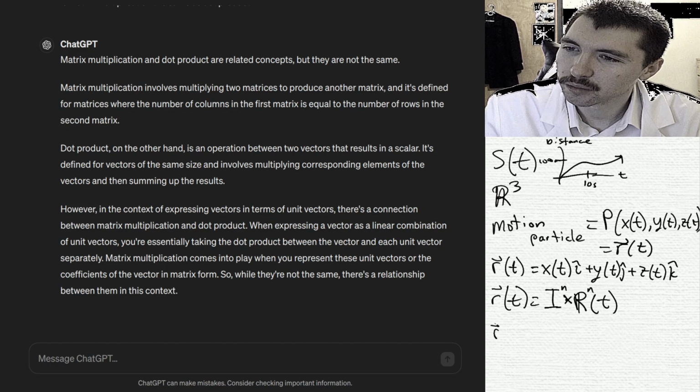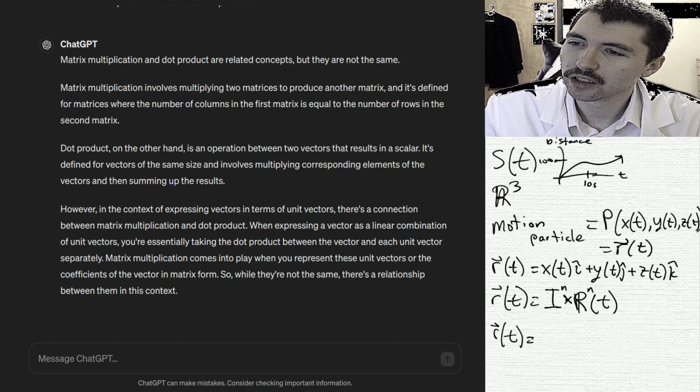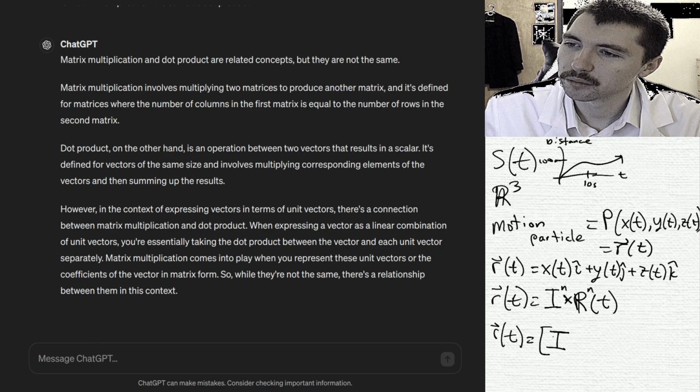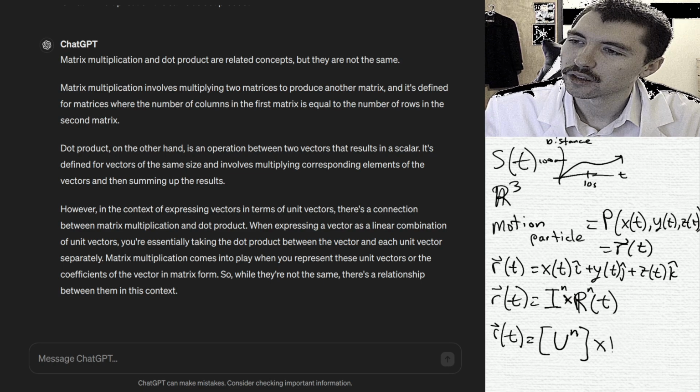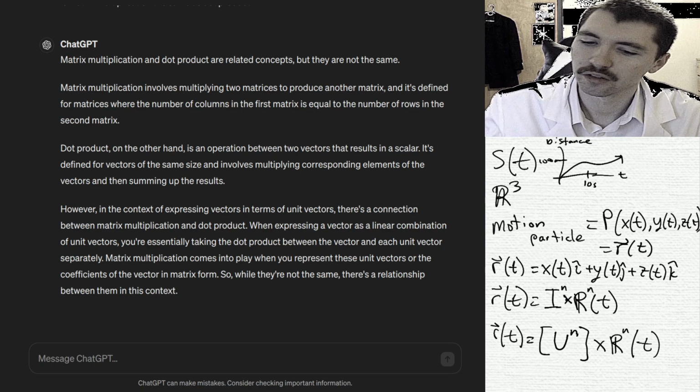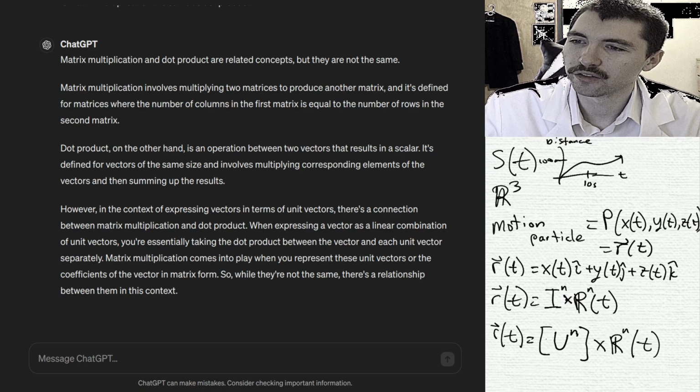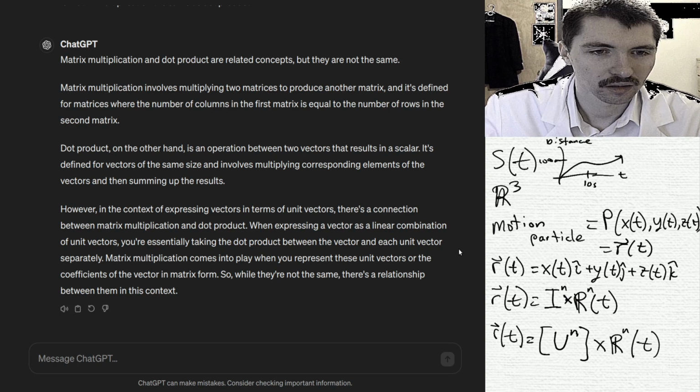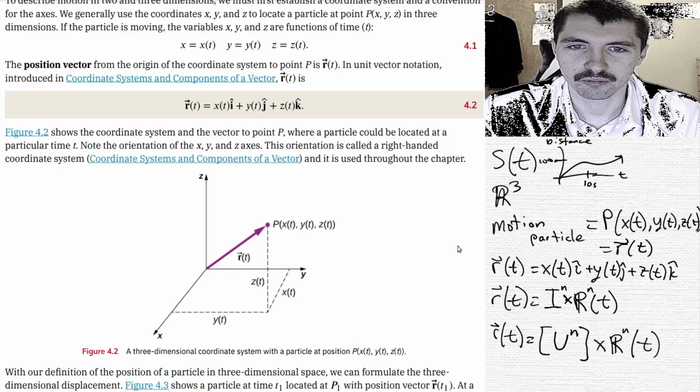Let me rewrite it. So maybe R of t is a matrix of unit vectors. I'd rather change this to U. Is some amount of unit vectors. This is a matrix. And then n-dimensional space times t. That gives a vector function. So again, that might be completely nonsense.